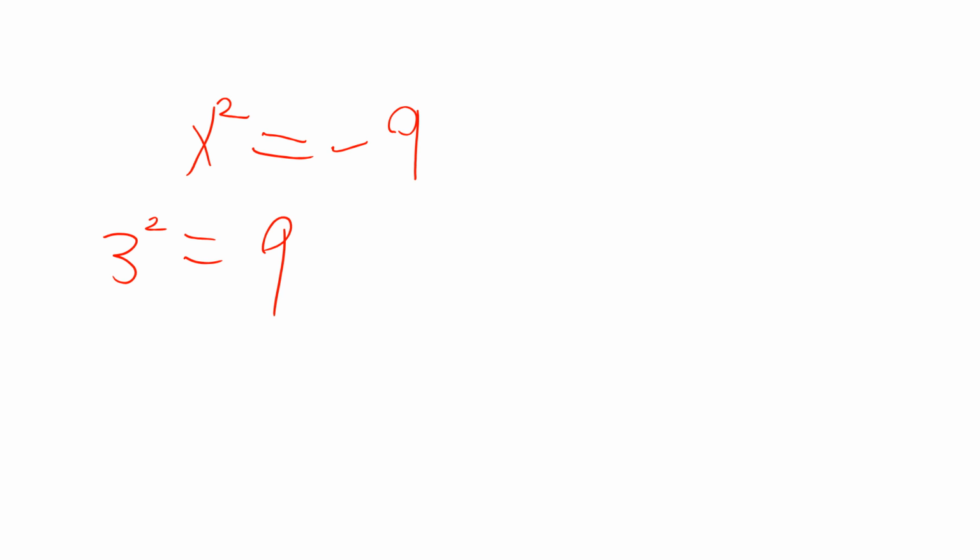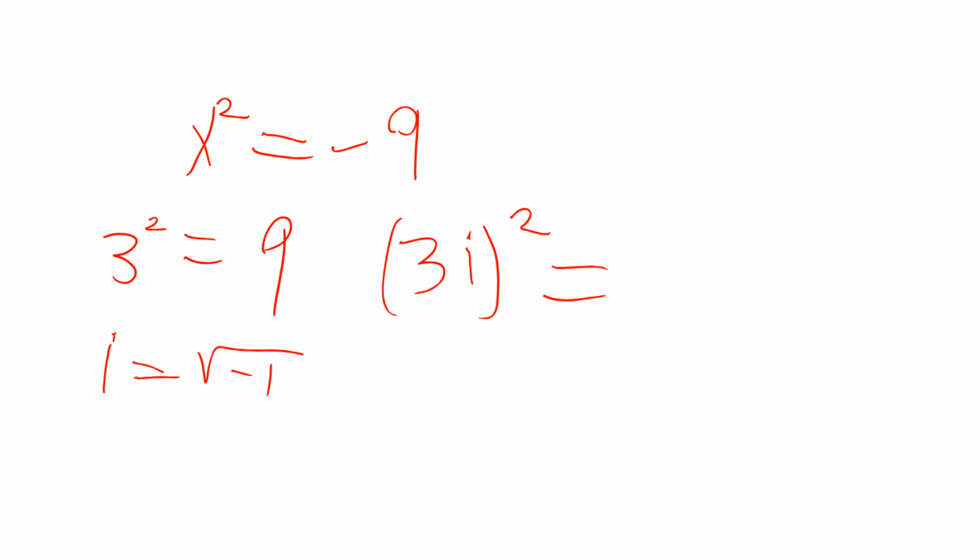And we know i is just the square root of negative 1. So we might be able to use it over here. We can do 3i, and if we square 3i, we get 9 times i squared. i squared is -1, so -9.